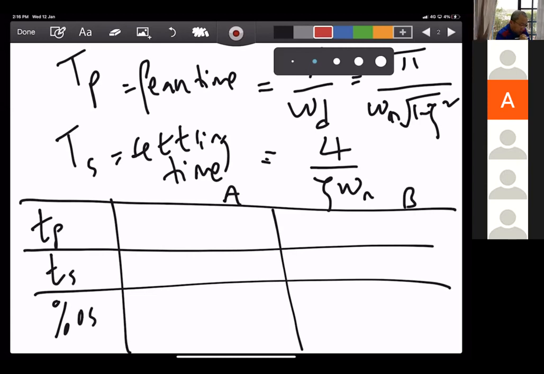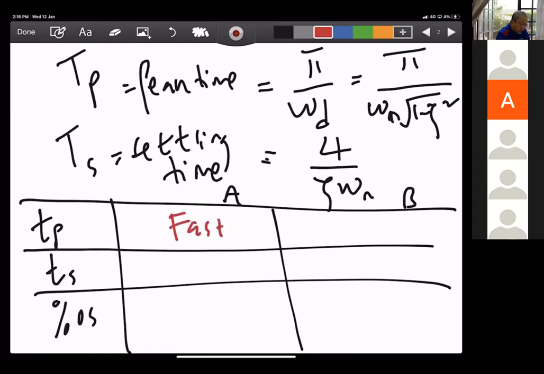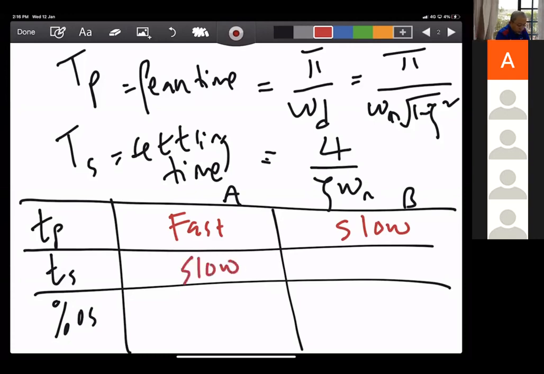So TP, peak time for A: if the complex conjugate poles are near to the imaginary axis, A will be fast. And B is far away from the imaginary axis, so it will be slow. Settling time: if A is near to the imaginary axis, it takes time to settle down, so it is slow.